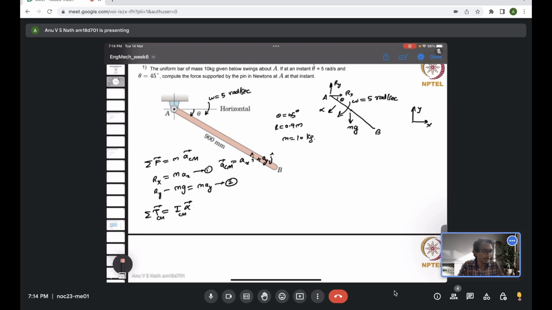But this formula is valid if the torque or moment is computed about the center of mass of the body, even though it is accelerating.